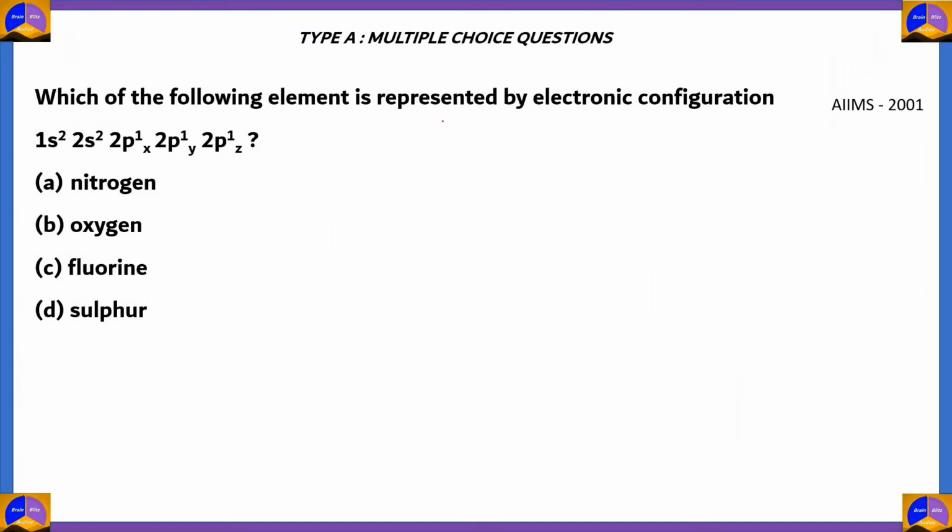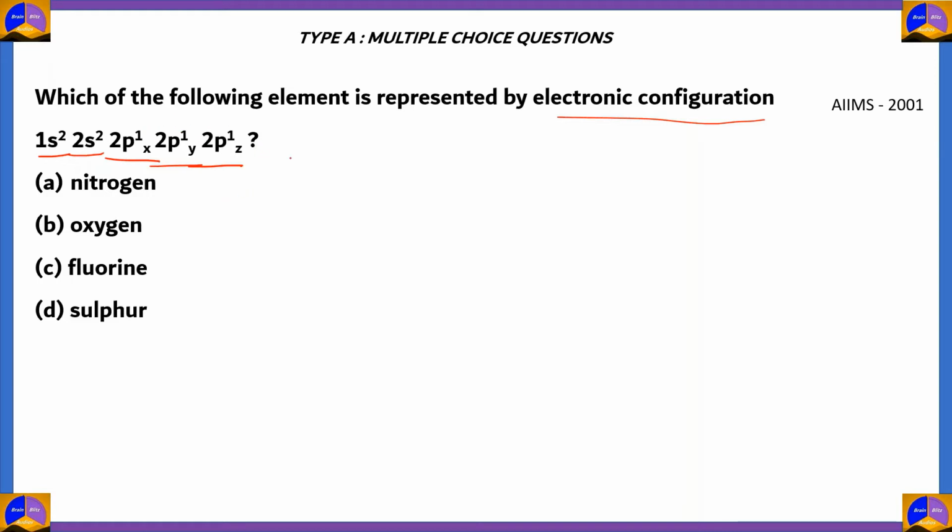Which of the following element is represented by the electronic configuration 1s2, 2s2, 2px1, 2py1, and 2pz1? So over here, unlike normal electronic configurations, you find out the existence of px, py, and pz.